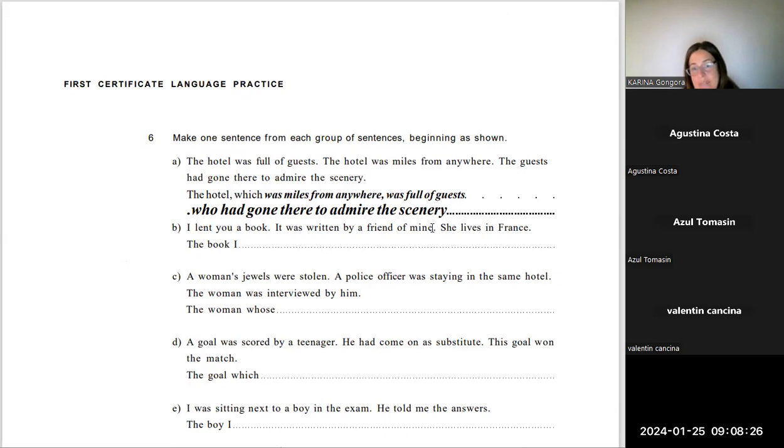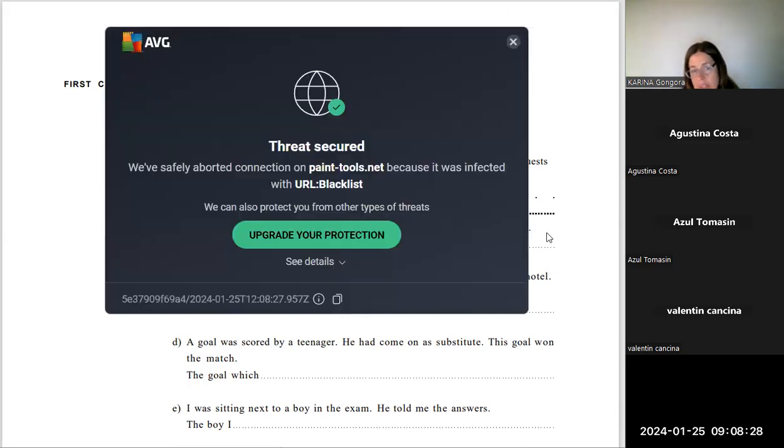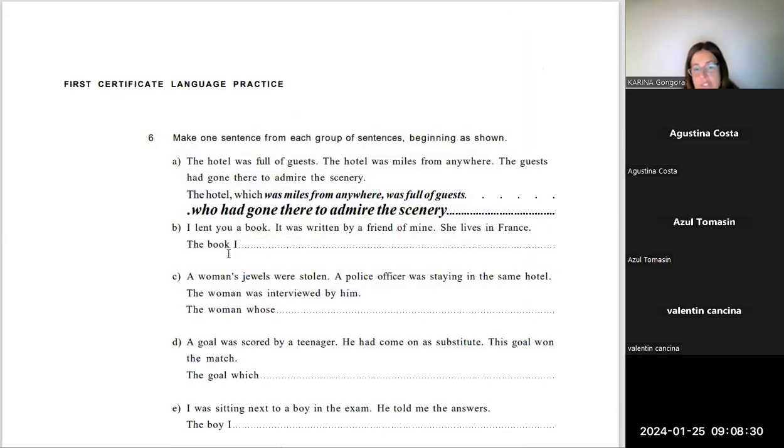So here you have more information, all right? Look at this. Here you have 3 pieces of information. Okay, this is fun.